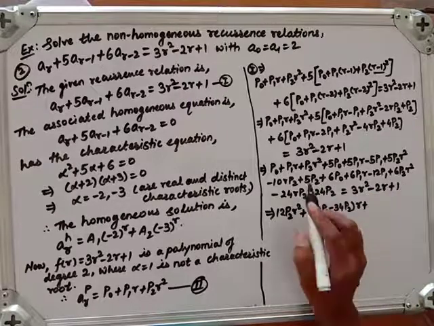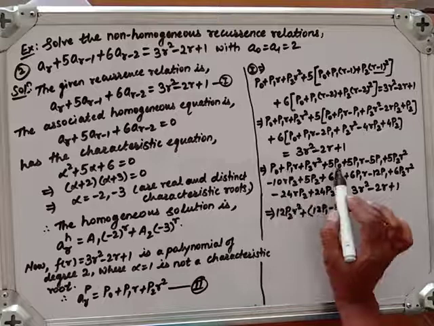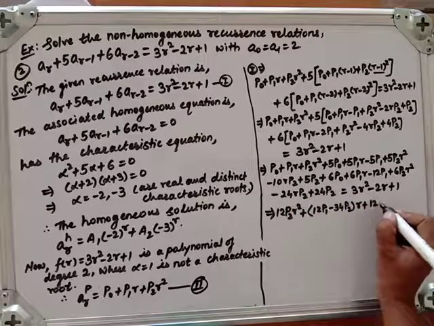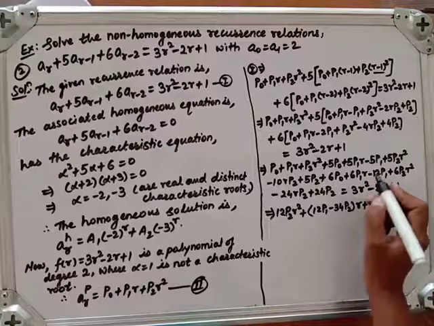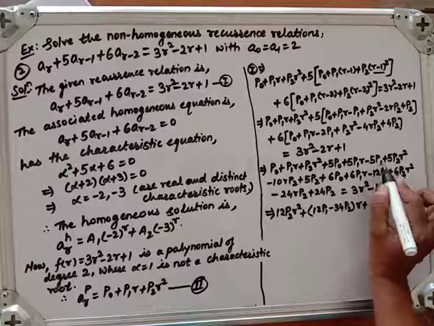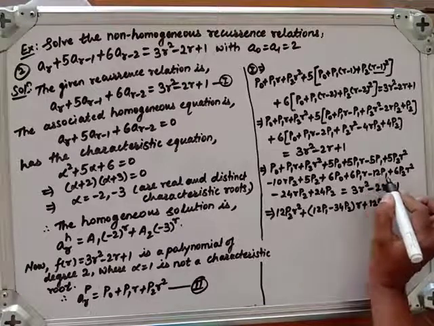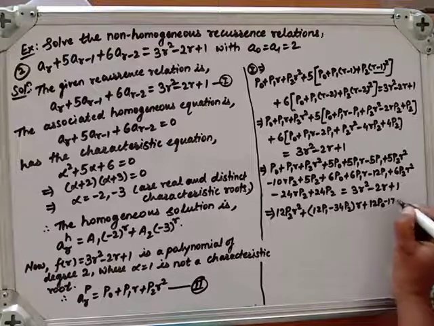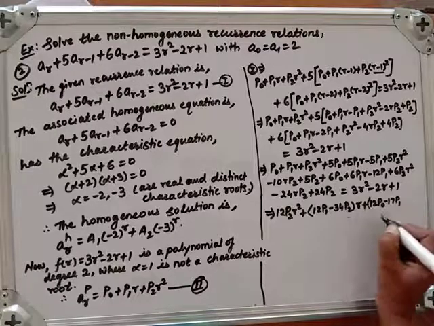So how many are they, P0 plus 5 P0 plus 6 P0, so 12 P0. Now for P1 this is minus 5 P1, this is minus 12 P1, so minus 17 P1, okay, this one.